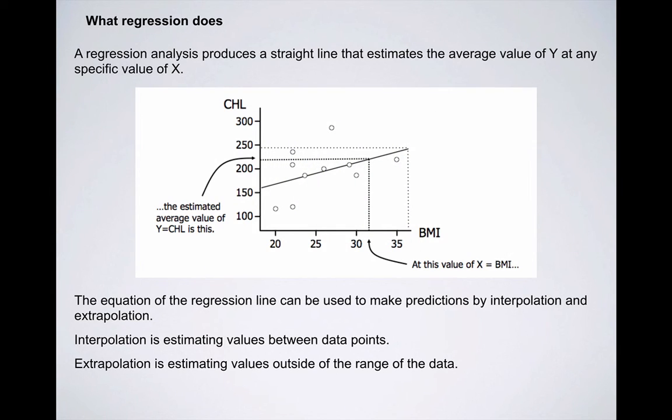So for example, here, this would be interpolation, the one I just did, and extrapolation because we don't have a body mass index over 35. So here I've got a body mass index indicated for over 37 approximately, and using extrapolation, we're going to make a prediction that a person with a body mass index of 37 would have approximately 245 for the cholesterol level.